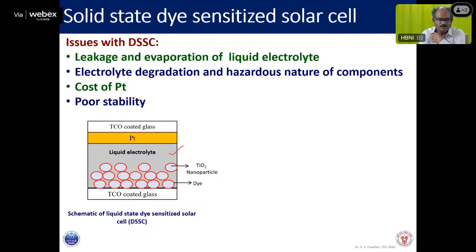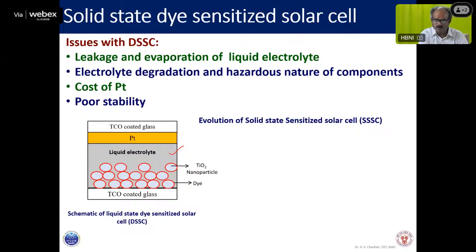There is another problem, which is electrolyte degradation and the hazardous nature of the components in this electrolyte. Then there is the cost of platinum, even if you are using a very thin layer, platinum is still expensive. And stability is also poor. So these are some of the biggest problems.